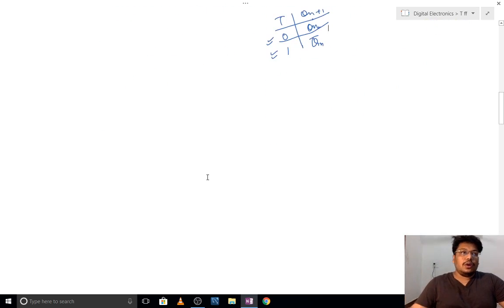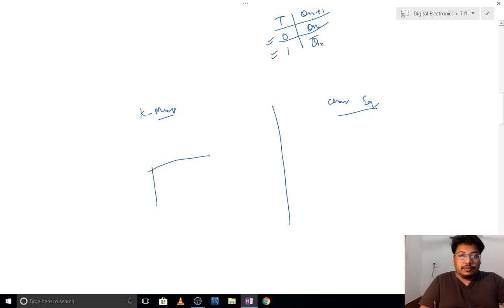Now moving on to creating a K-map and characteristic equation. For the K-map, we will be taking this: first is T and second is Q. So it will be Q bar, which is 0, and second is 1, this is Q. You can say Qn bar and Qn.